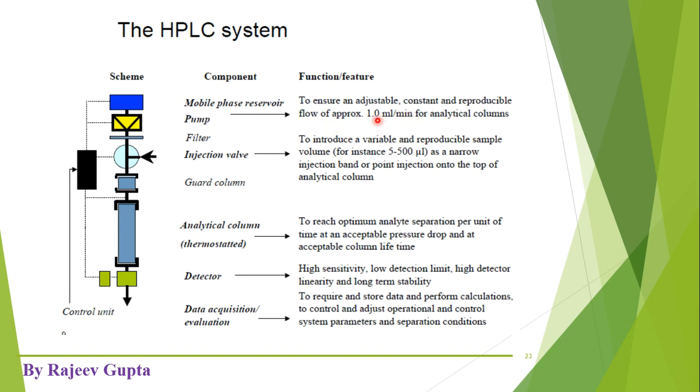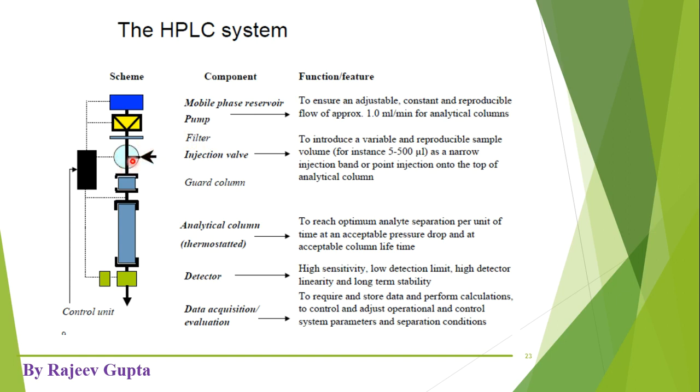The flow rates are 1.0 ml per minute generally. 1 ml per minute, these are the flow rates inside the analytical columns. So at these very high pressures we get these types of flow rates. Now we can see filters or these types of devices where any impurity present in our solvent could be filtered, any particulate impurity.